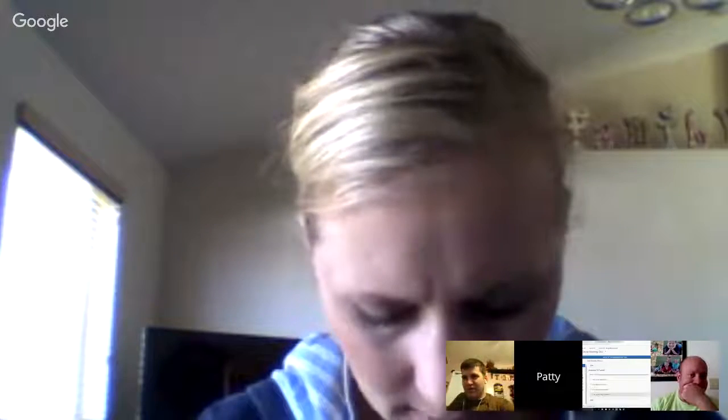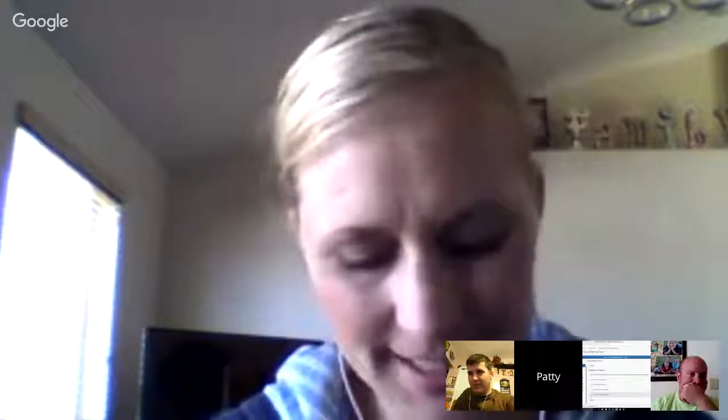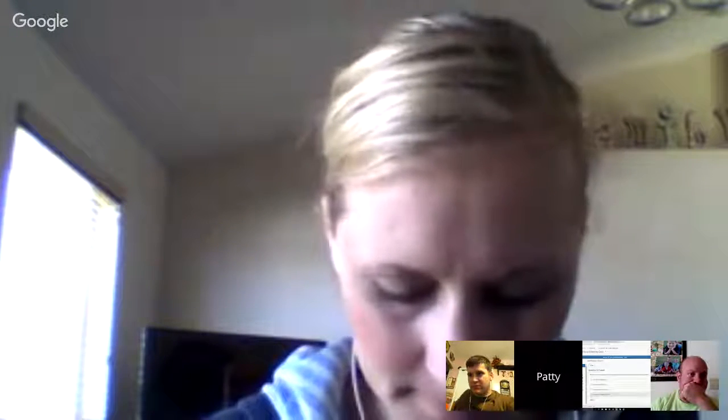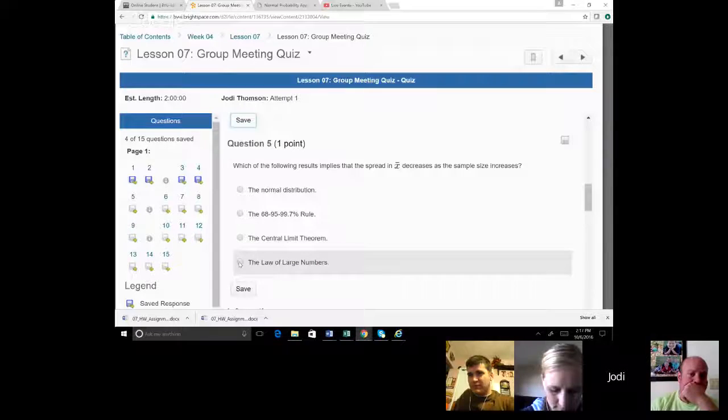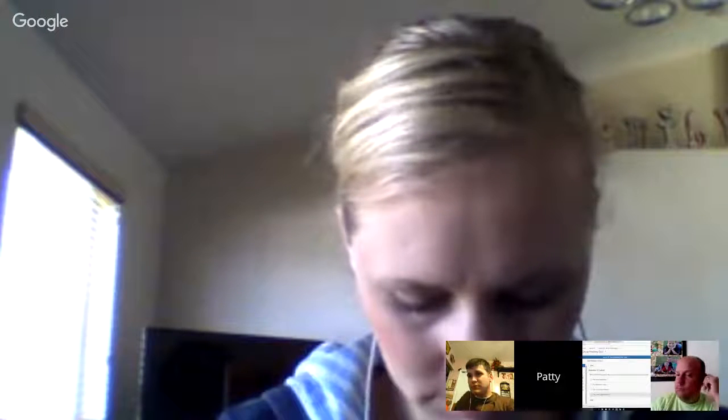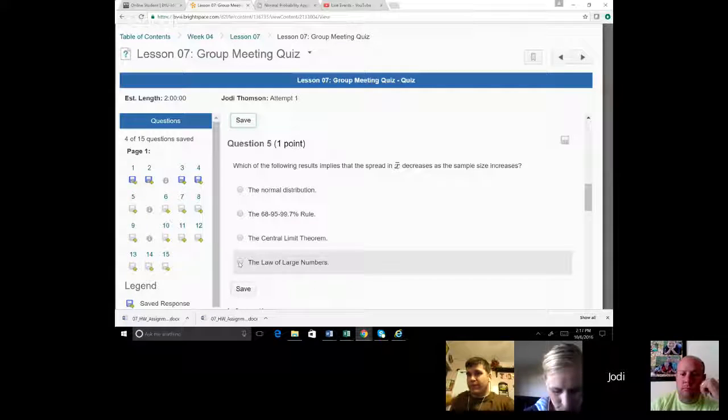But didn't it talk about the central limit theorem in the textbook for this one? I can't remember. Yeah, it did, but the central limit theorem is the opposite, right? That's when it affects the shape of it. That's when you have a skewed shape, and the sample means will be normally distributed if your sample size is big enough.